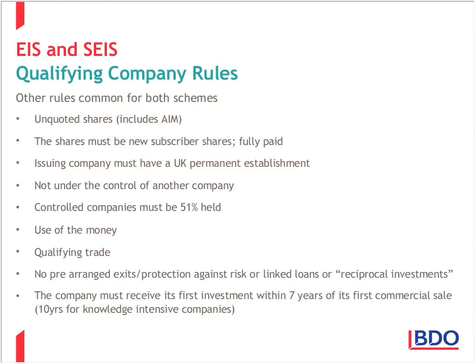So there is a list there that can be looked at, and things are added to the list. So solar was an acceptable trade for a while, but that's now been added onto the excluded list, so that has to be checked. And as I mentioned, the company has to receive its first investment within the first 7 years since its first commercial sale, and 10 years for a knowledge-intensive company.